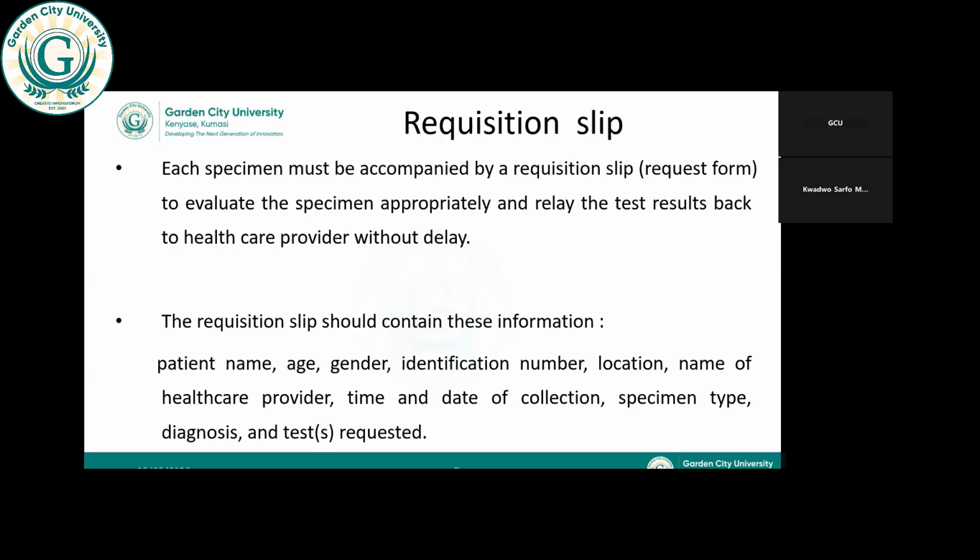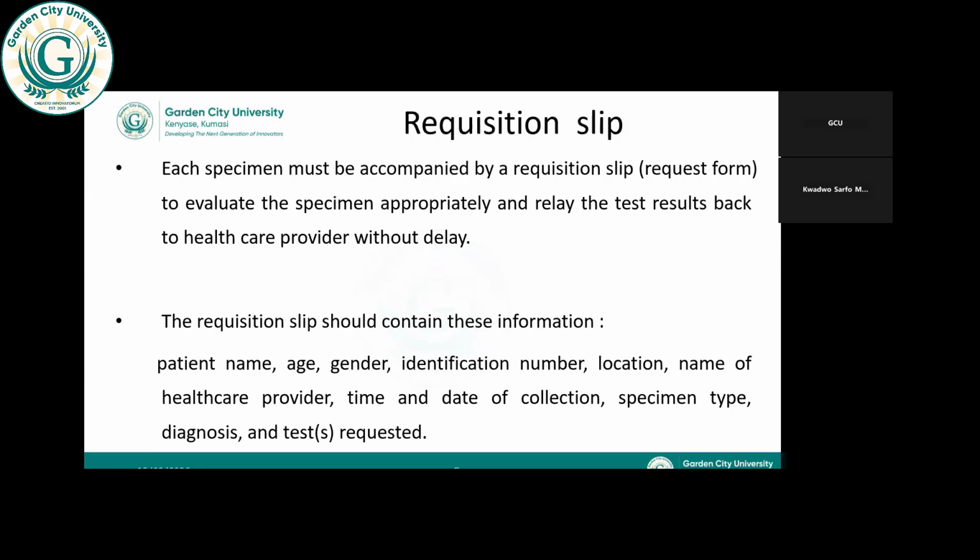So is it at the OPD, at the ward, at the emergency unit, or at the ANC? Or at the child welfare clinic? This should be indicated. Specimen collection, the type of specimen, very, very important.